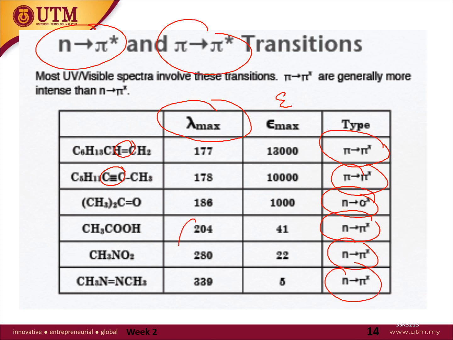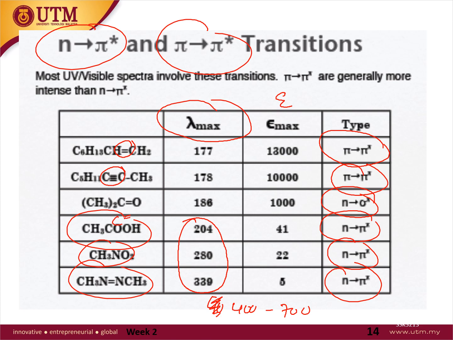You see the wavelength is also increasing, right? Just now I said n to pi star is usually between 400 to 700. Increasing means it indicates that the existence of the alkene or alkyne is not there. See, there's nothing here, nothing here.